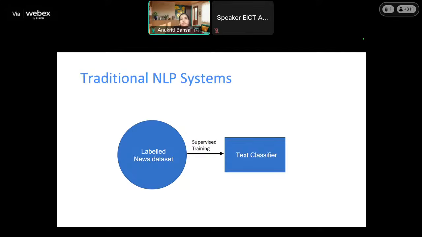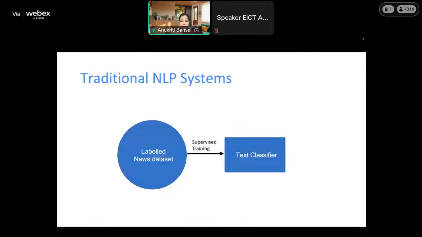So I need to know the next set of words also. I need to go to the bank to withdraw some amount. Then I know, okay, bank here refers to a financial institute. Or I can say, I'm planning to go to the bank because I want to rejuvenate myself. So now I understand, okay, bank here refers to a river bank.